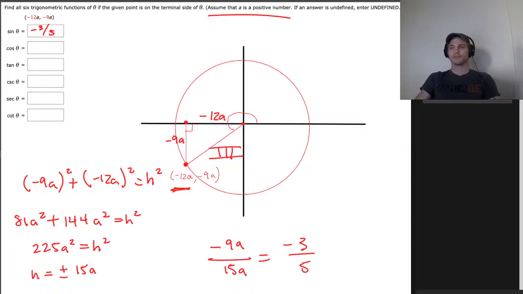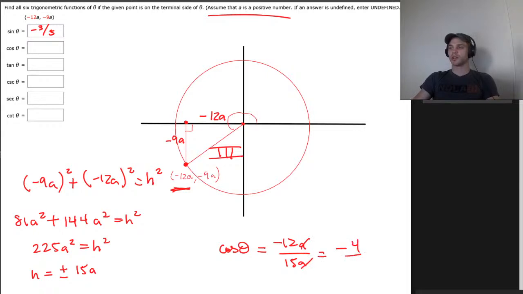Okay. So we're going to do the same process for all of these. The cosine is going to be the adjacent over the hypotenuse, so we'll get cosine of that angle equal to negative 12a over 15a. And we know that cosine is negative there as well, so I'm just going to make this negative. We can cancel a 3 out of there as well.